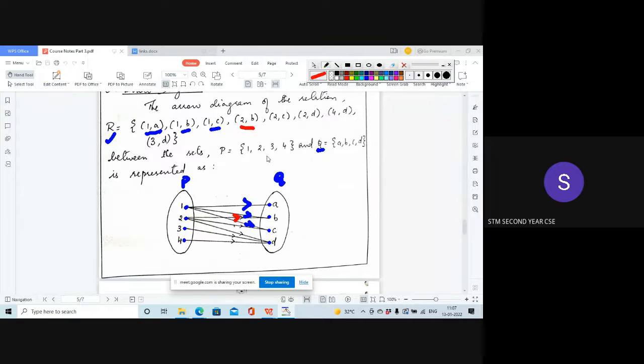Then the next ordered pair is 2C. Again from 2 to C you draw a line and put an arrow. The next is 2D. Draw a straight line from 2 to D and put an arrow.